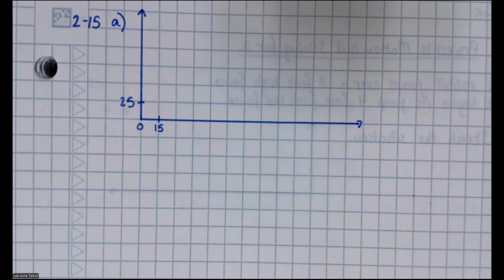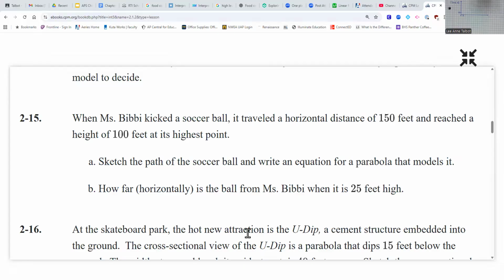Okay, everybody, I'm going to put this up on the screen. Okay. You guys are going to do A in your groups. When Miss Libby kicked the soccer ball, it traveled a horizontal distance of 150. Okay, so go on the x-axis and count it out to 150.